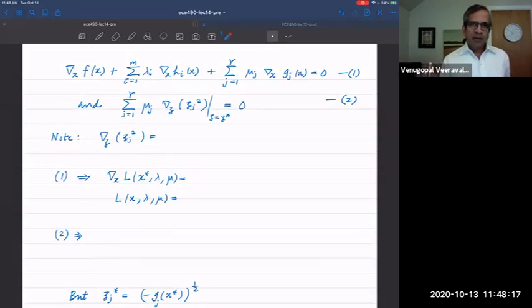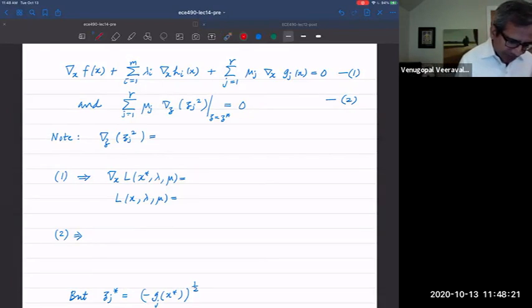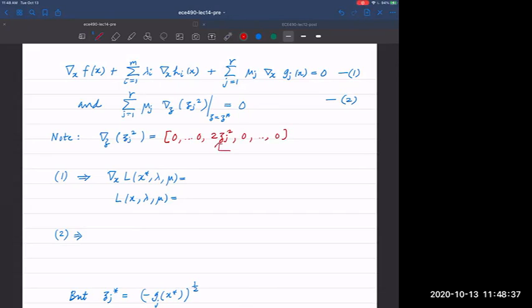And the one corresponding to the jth component will be 2 times zj. So let's write that down. This is 0, 0, and then the jth component will be 2 zj, and then 0s everywhere else. There shouldn't be a square. 2 zj, not squared. Jth component.